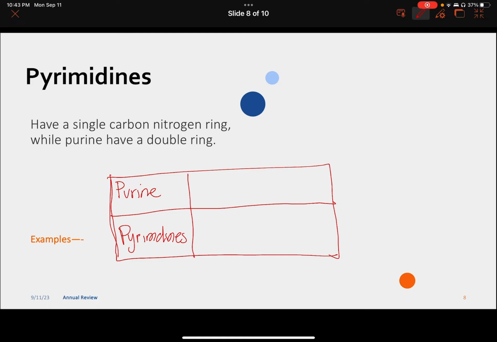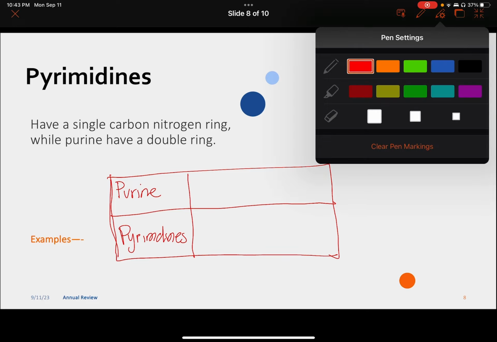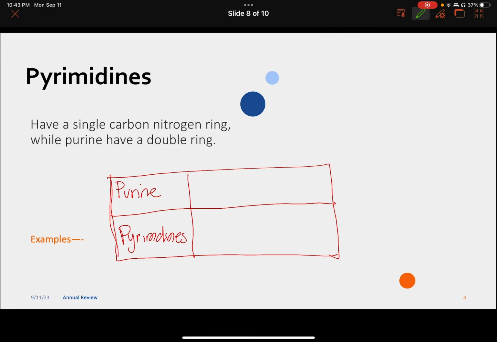This is double ring, and this is single ring. Then we have adenine. I'm just going to put an A for adenine, G for guanine, C for cytosine, T for thymine, and U for uracil.